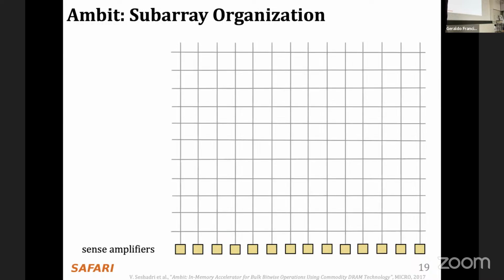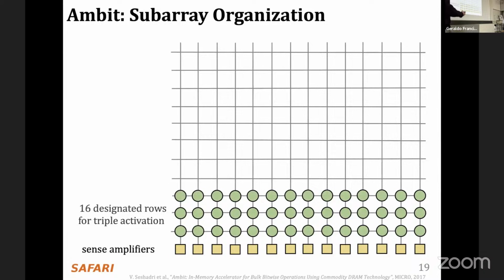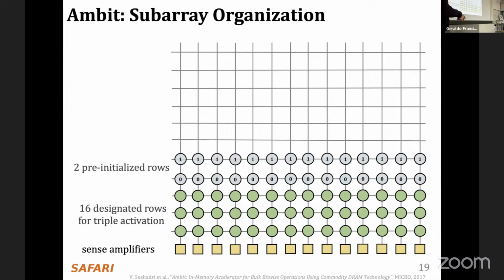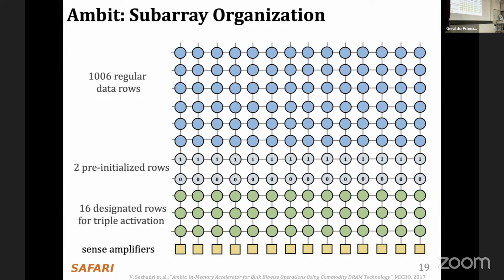So Ambit proposed some simple modifications to the DRAM array organization to allow us to efficiently implement these triple row activations. Namely, they are going to have these 16 dedicated rows connected, and 2 pre-initialized rows, which hold all 0 values or all 1 values to control the AND or OR operation, and then the regular data rows that hold the data from the user.